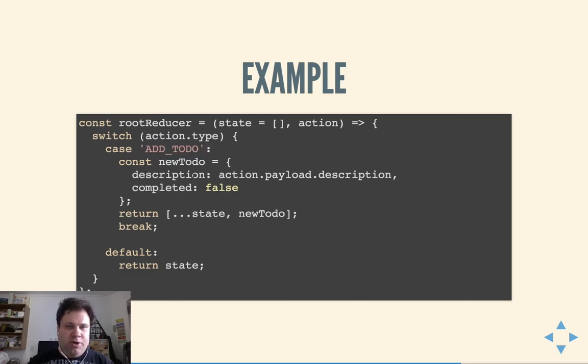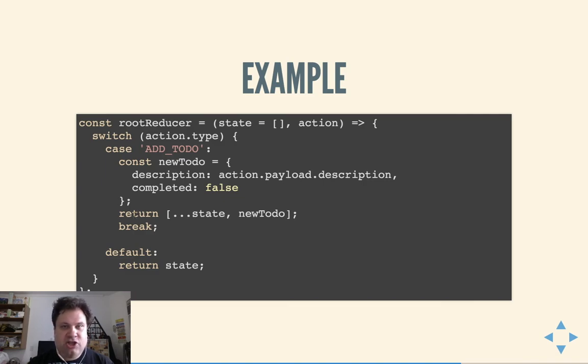First off, we construct the new to do object, which consists of an object with two fields: description, which we grab from the action payload, and completed, which describes if the to do has been completed or not, and the initial state for the to do is set to false.